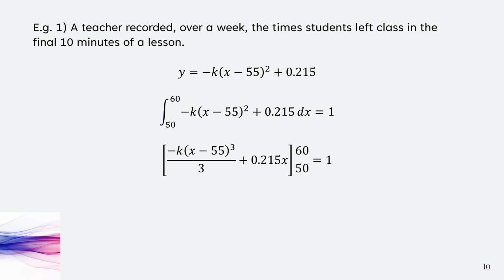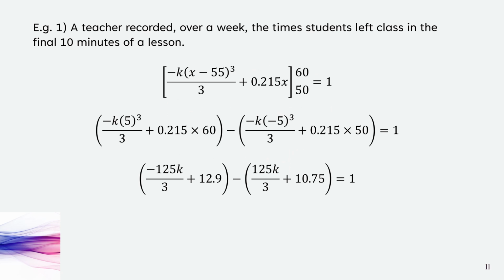We're integrating with respect to x. So the (x minus 55) squared becomes power of 3, and you divide by the power of 3, or use the reverse chain rule and end up with a third out the front. And the 0.215 integrates to 0.215x. So we sub the 60 and the 50 in, and that's the equation we form.